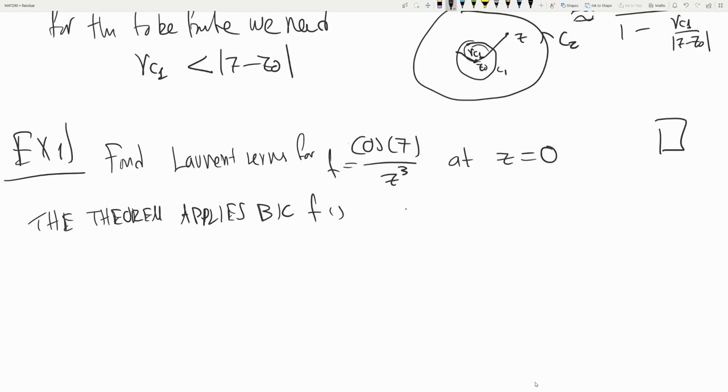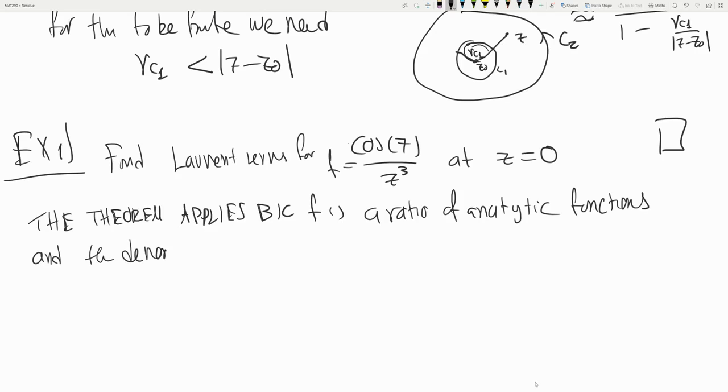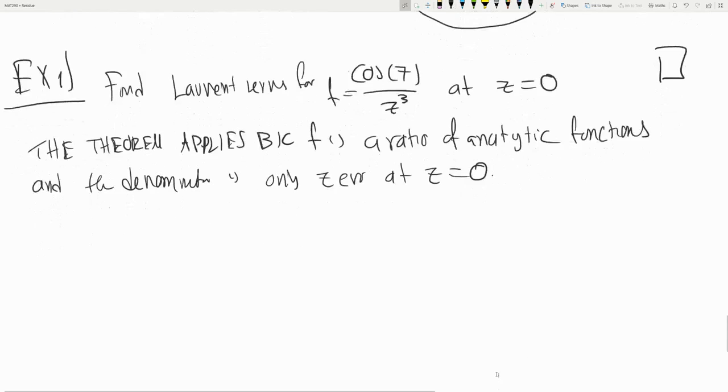It is a ratio of analytic functions, and the denominator, z to the 3, is only 0 at 0. Okay, so we're good. Theorem applies.